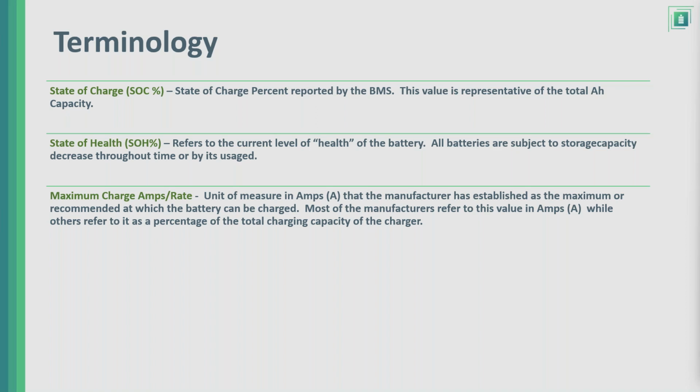The manufacturer will provide this value, and it's as important as many others, because it will reflect the way that we have been treating our batteries in terms of charging them throughout time.